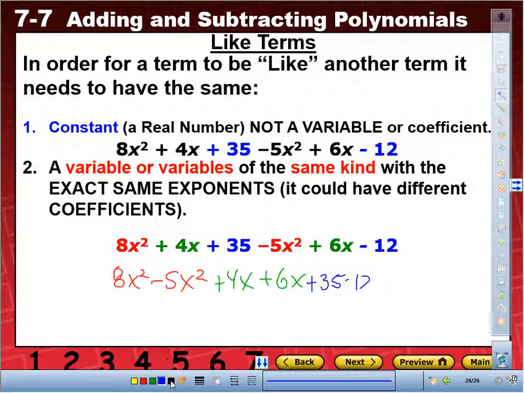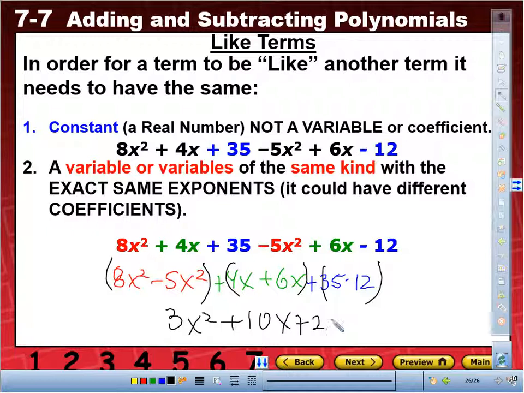That was commutative. What is this one? Associative. So this becomes 3x squared plus 10x plus 23, Michael Jordan. Notice that we can combine once we get our properties in place. This is example Q.